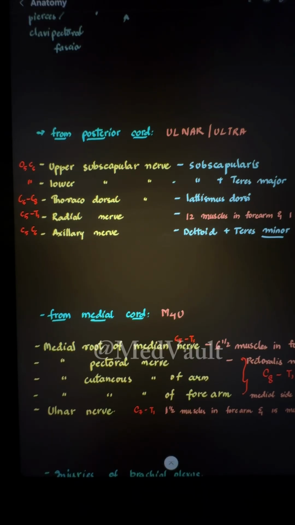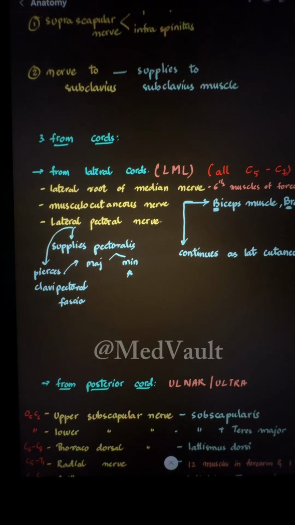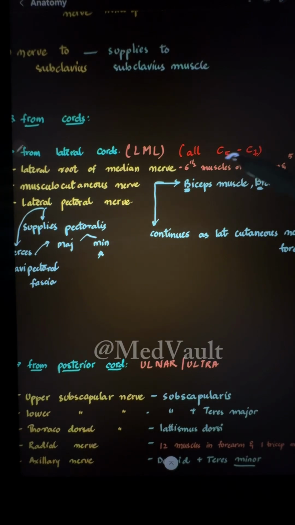Now the root values. We know that the lateral cord arises from the anterior divisions of the upper trunk and middle trunk, which are from C5, C6, C7. So all the branches arising from the lateral cord have the value C5 to C7.